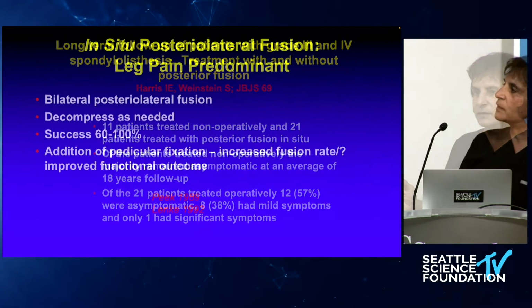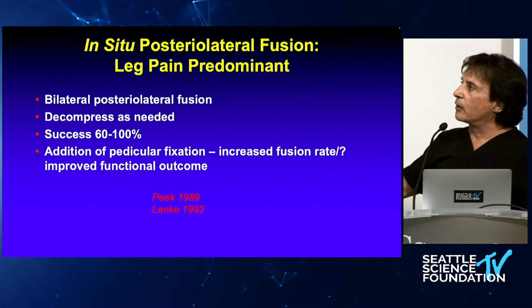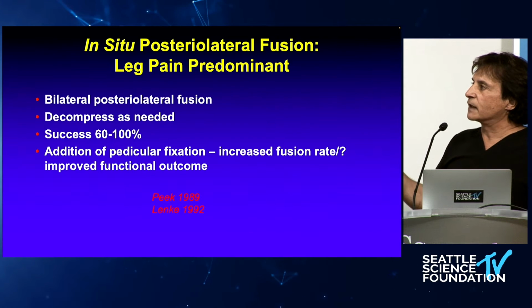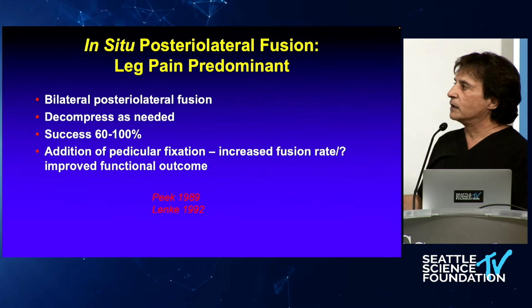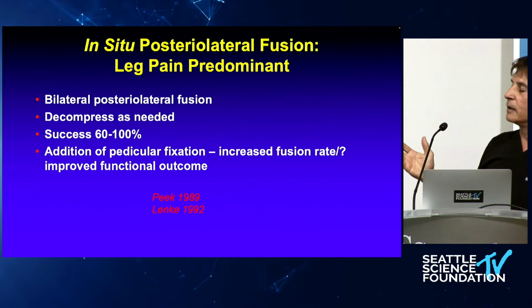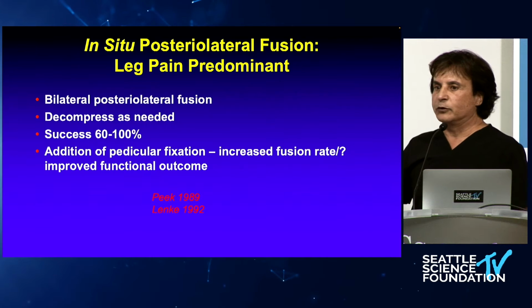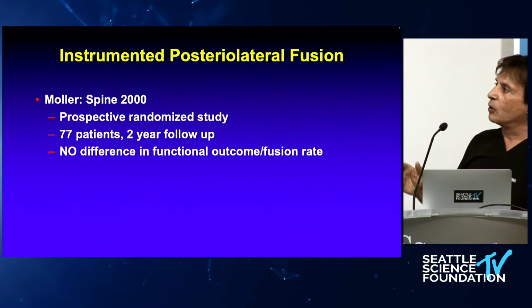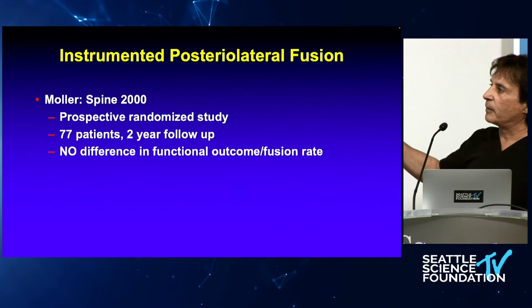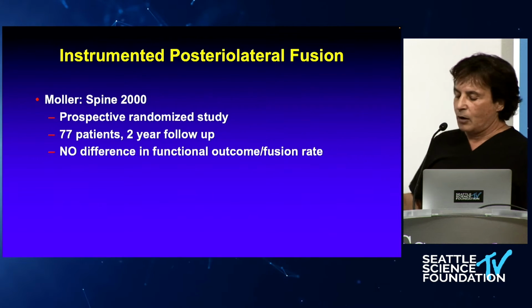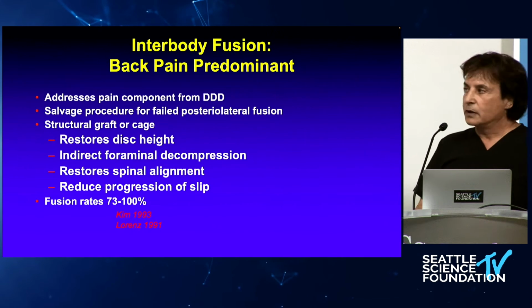In situ fusions, bilateral posterolateral fusions, decompressing as needed, had a success rate of 60 to 100%, and addition of pedicular fixation improved the fusion rate but did not necessarily improve the outcome. And then Moller's study, a prospective randomized study of 77 patients, showed no difference in functional outcome or fusion rate when you compared the two groups.